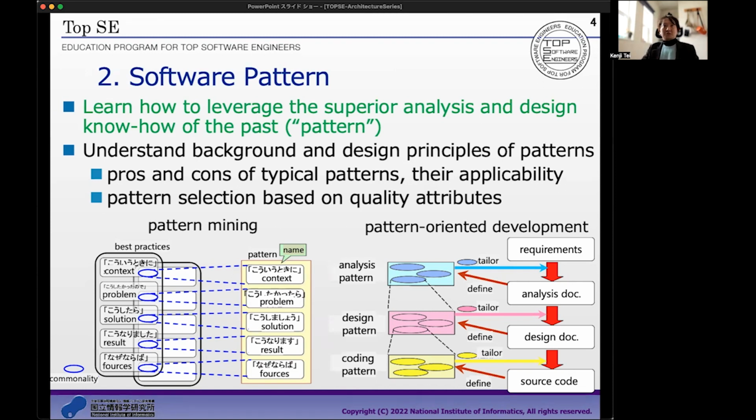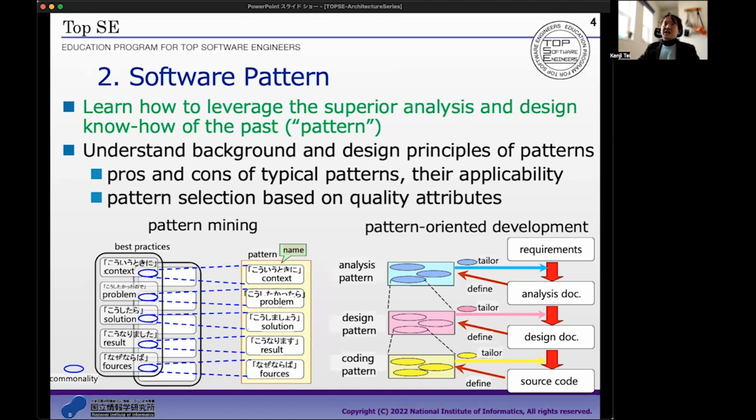Software patterns typically include pros and cons, the advantages and disadvantages. Not only the advantages, but also the disadvantages, such as side effects on the given software design and analysis, need to be carefully understood.